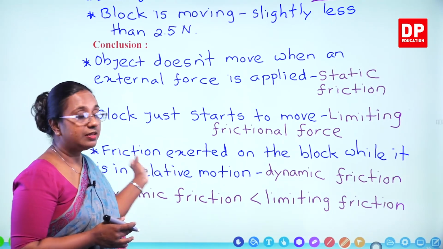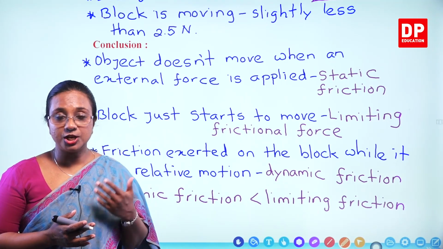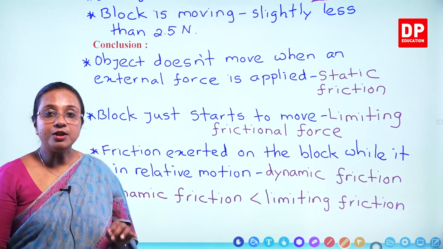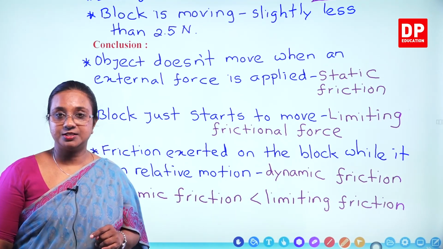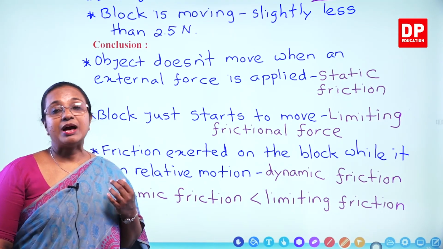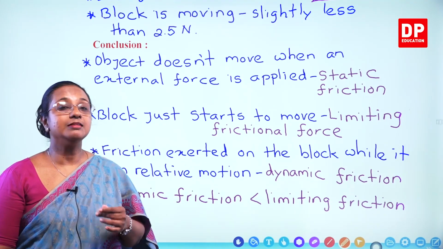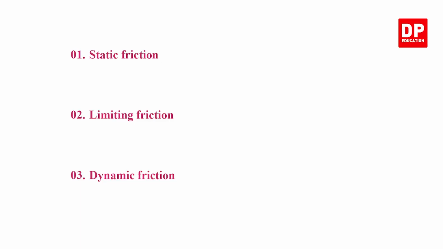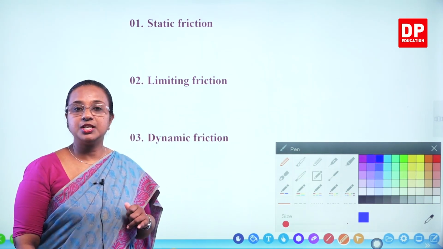And finally, when the block is moving, the surface is still exerting a frictional force, known as the dynamic friction. And always the dynamic friction is slightly less than the limiting friction. So you have understood the three types of friction. Now we will define the three types of frictional forces: static friction, limiting friction, and dynamic friction.